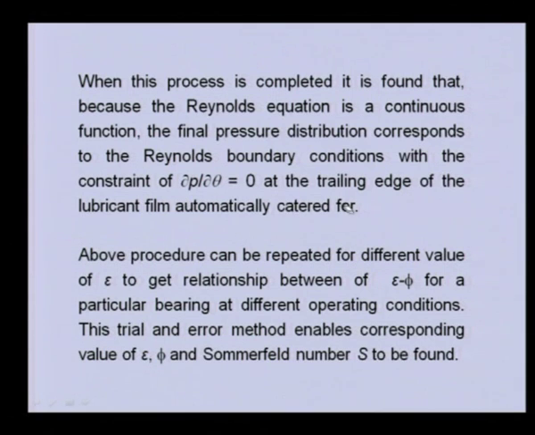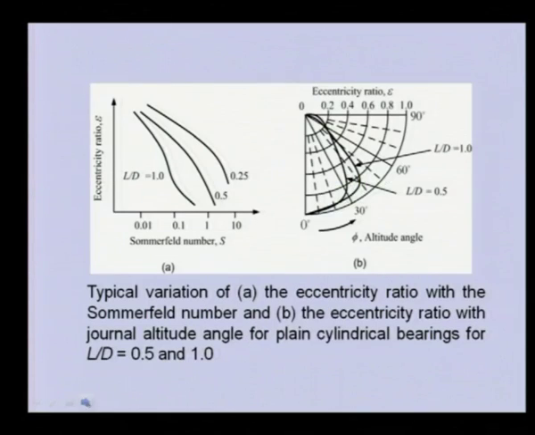The above procedure can be repeated for different values of epsilon to get the relationship between epsilon and phi for a particular bearing at different operating conditions. This trial and error method enables the corresponding values of epsilon, phi and Sommerfeld number to be found. So, with this we can plot the eccentricity ratio against the Sommerfeld number, which we defined earlier.